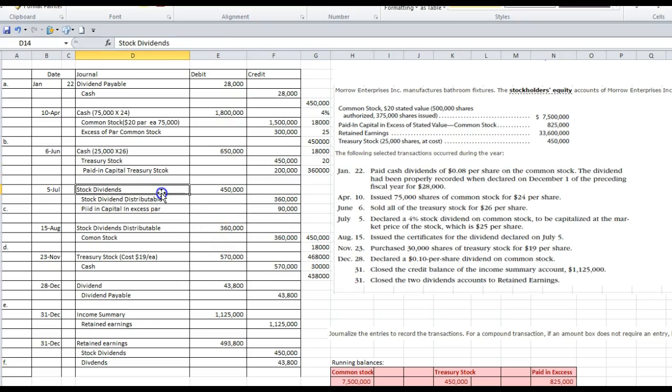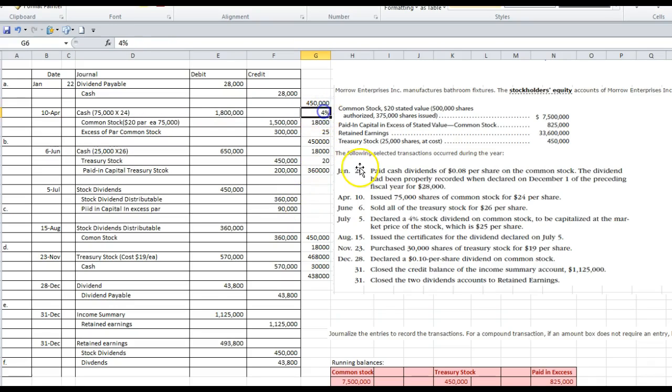Then we do a stock dividend, and this is always fun. There are several steps to this, remember. First, we have to decide how many shares do we have. Well, we had 375 to begin with, right here. We issued 75 right here. So we have 450 shares out.